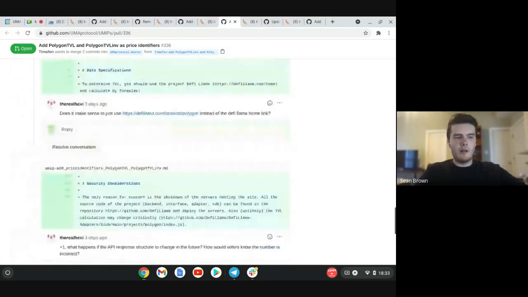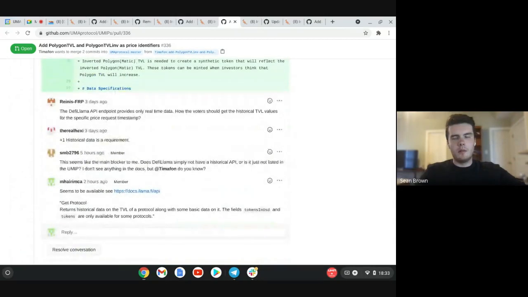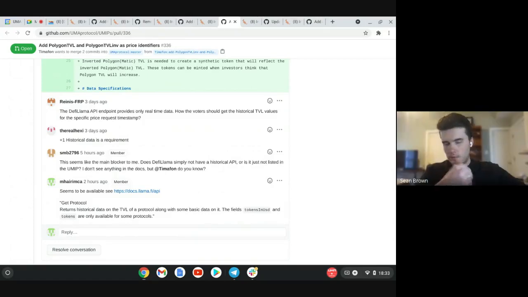Is there a DeFi Llama methodology that's published somewhere? Or is it just, this is the Polygon TVL, without saying how they get it? I'm not sure about that. I need to go to their docs. Okay, I think that would be a good place to start.